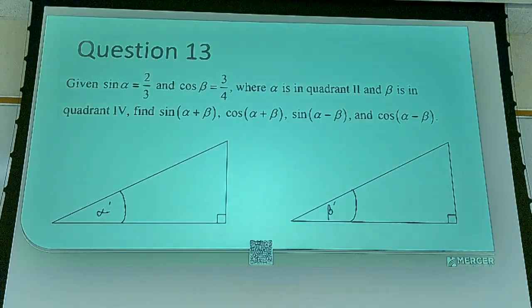Sine of alpha is 2/3, which means sine of alpha prime is 2/3. Opposite hypotenuse. What is our missing length? What's the value? 1. The Pythagorean theorem is the theorem.